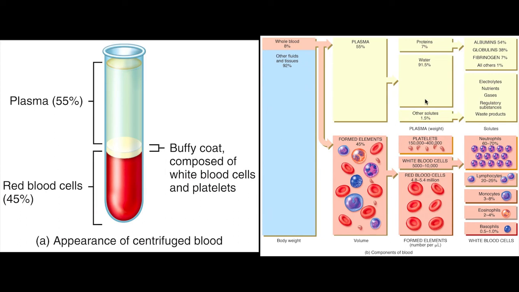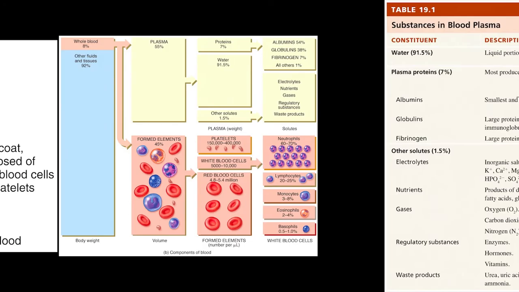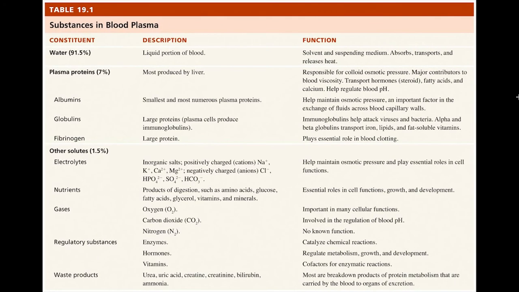But then I want to talk next about this box you see toward the bottom that says other solutes, 1.5%. Now there are some specific categories listed over here to the right, but I'm actually going to go ahead and move to table 19.1. And here on table 19.1, we're going to talk specifically about what some of these other solutes will be. Some of these other solutes include various electrolytes.